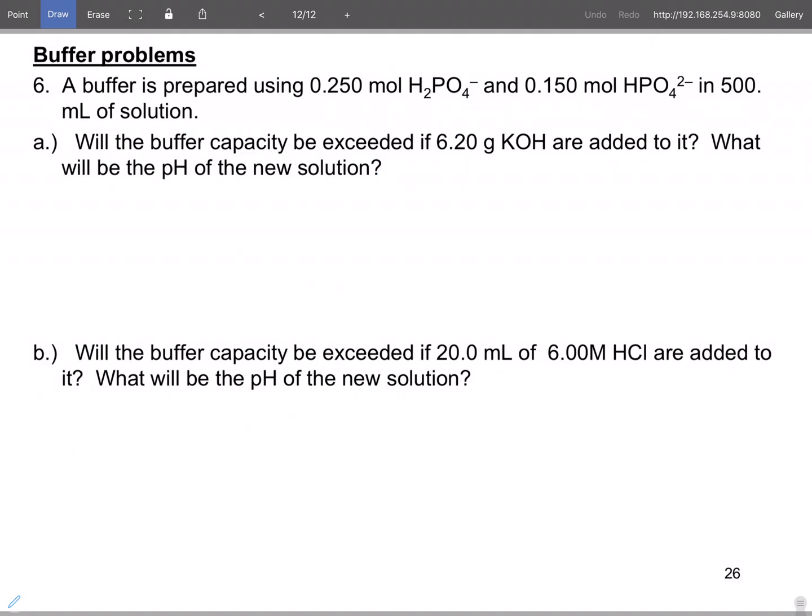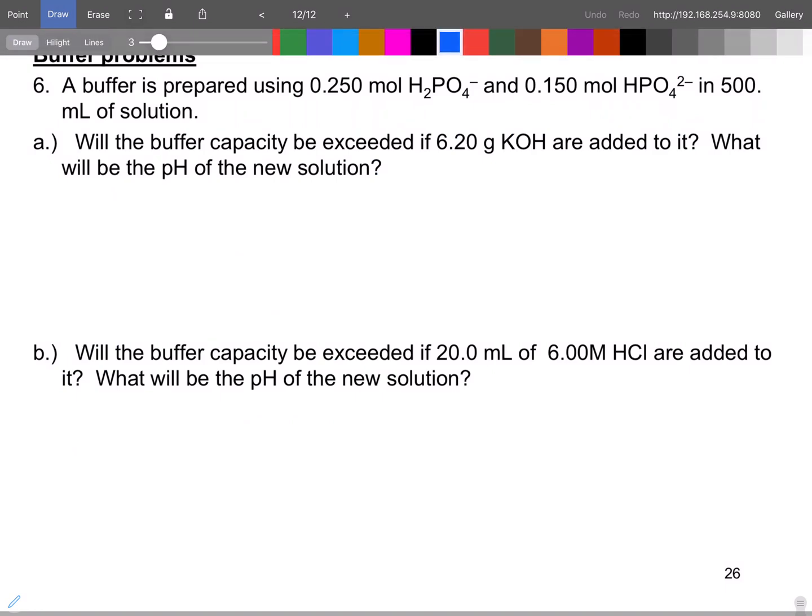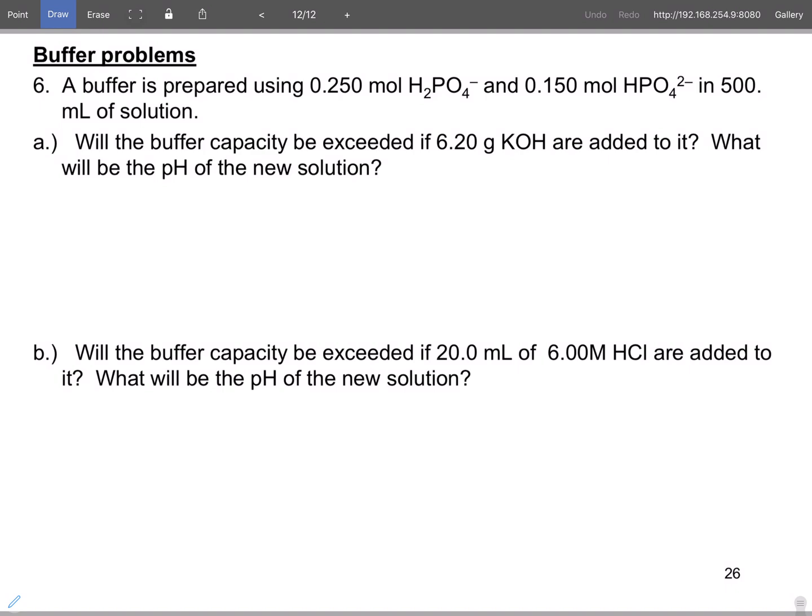So on this one, we've got a buffer, and it's prepared using diphosphate and monophosphate. This is similar to the buffer we used in lab. And the question is will the buffer capacity be exceeded if 6.2 grams of potassium hydroxide are added to it? Well, first thing we need is we're moving from 2 to 1.